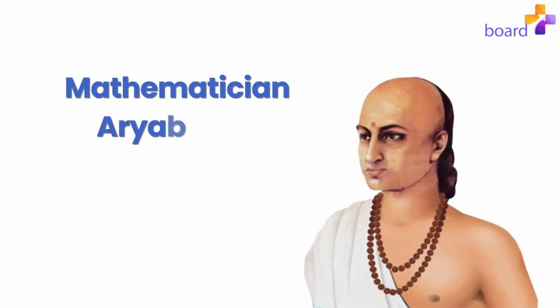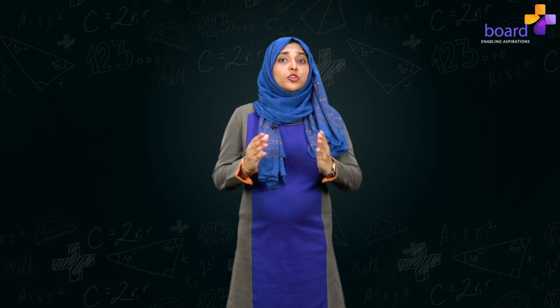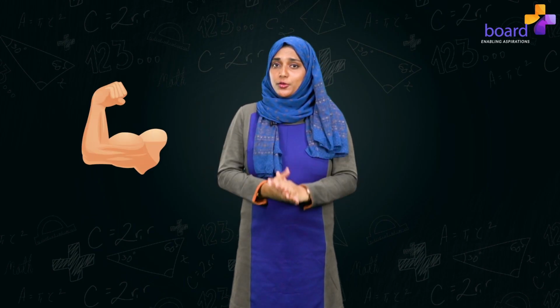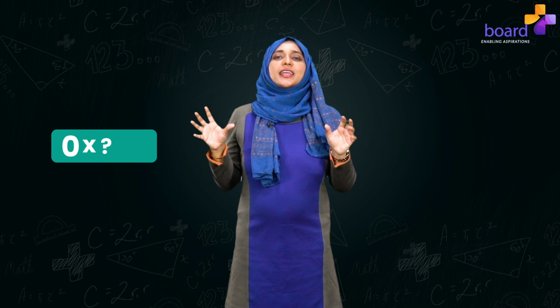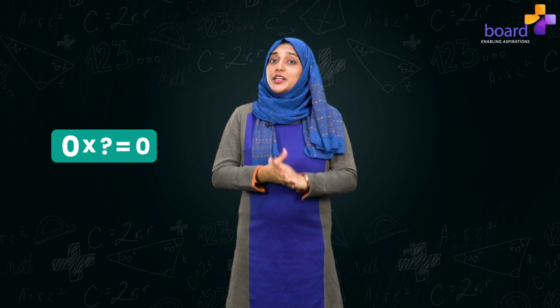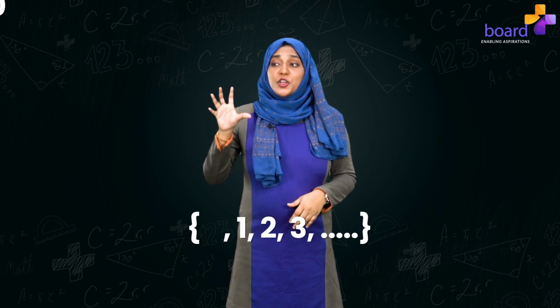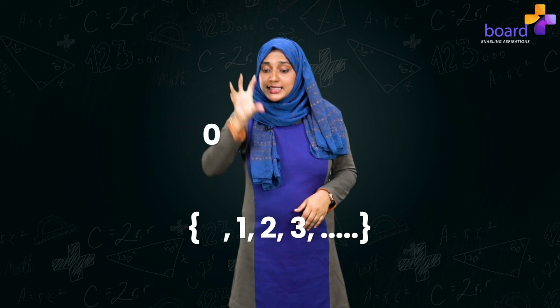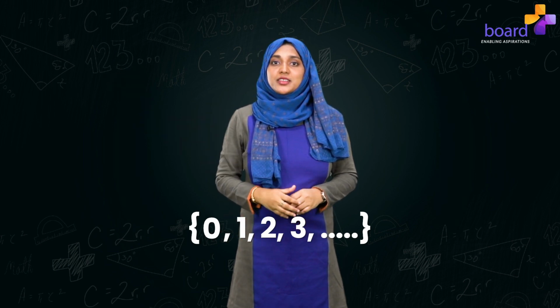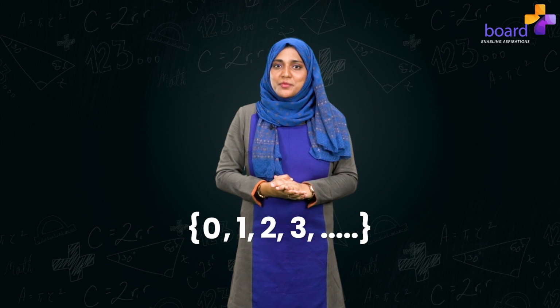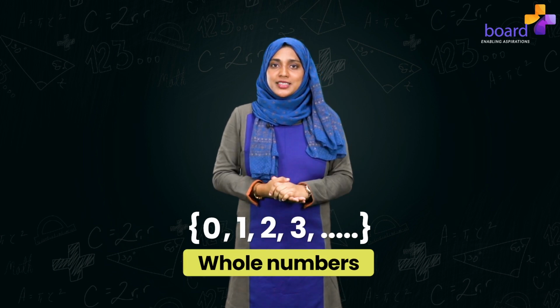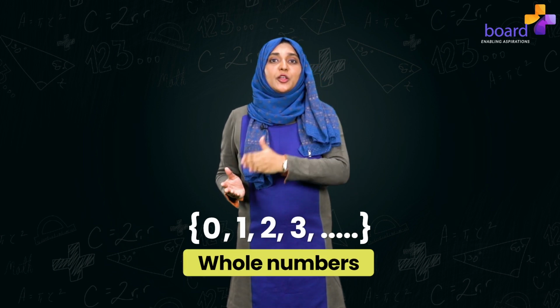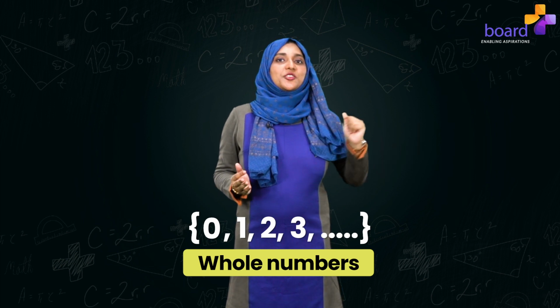Now comes zero. Do you know who invented this? Our one and only Indian mathematician Aryabhatta. Zero is a very powerful number. Whatever you multiply with zero, the product will become zero. The new number zero, when it is added to the natural numbers, you get a new set of numbers called whole numbers, which is equal to 0, 1, 2, 3 so on up to infinity.